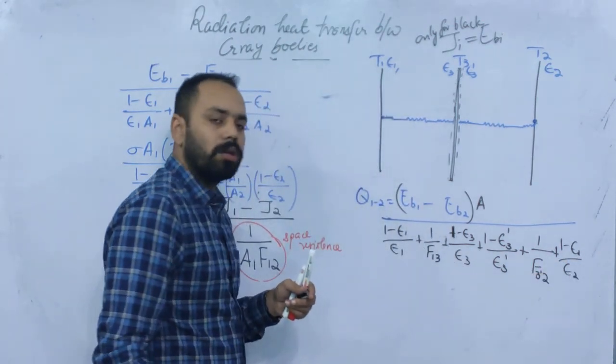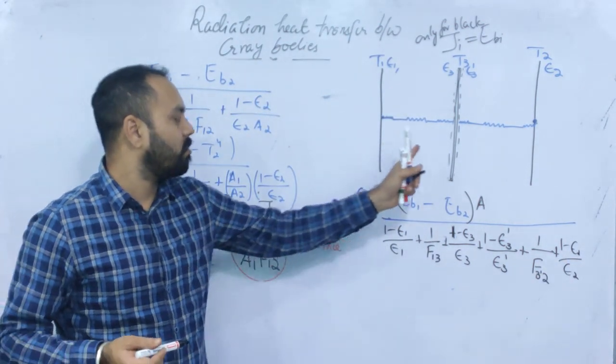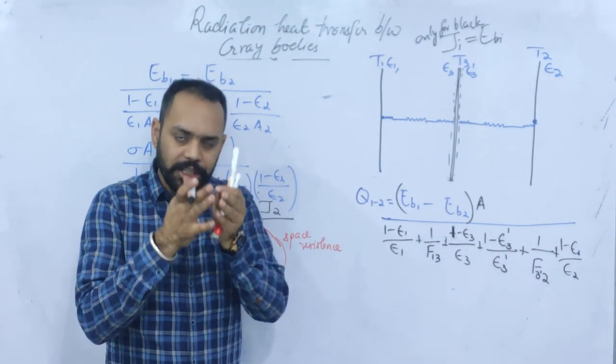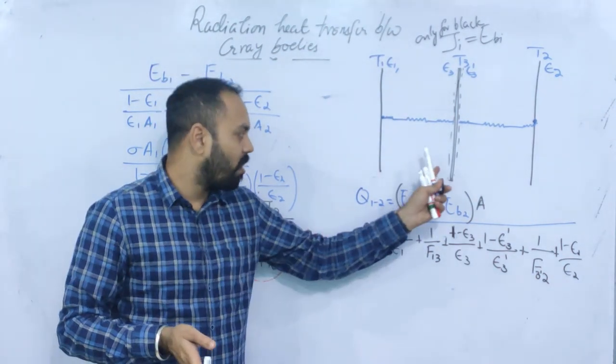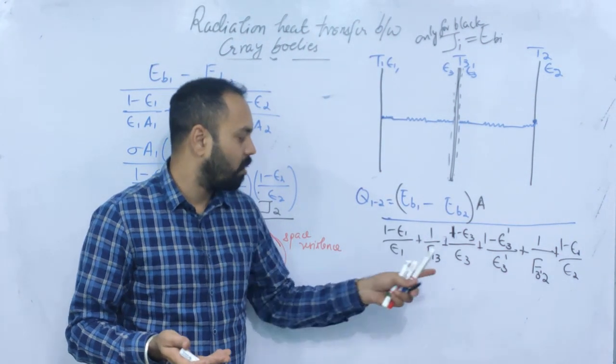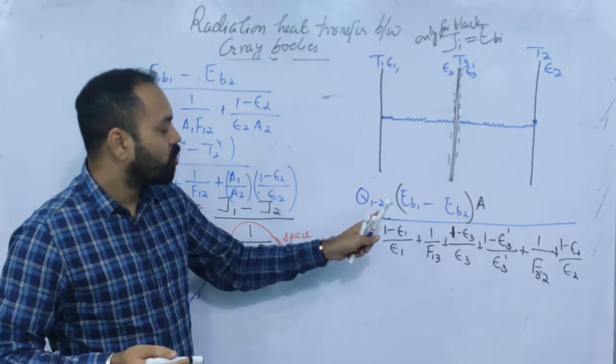Please note that I am not considering the resistance by conduction, because the radiation shield is considered to be very thin. If it is given that it is also having some conduction resistance, then definitely you have to use it here. So this is the expression for radiation shield.